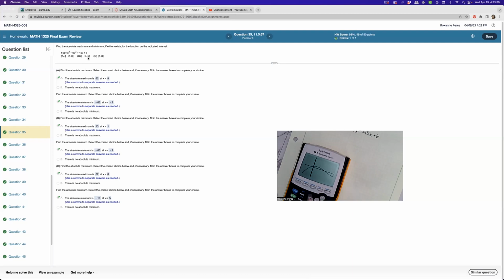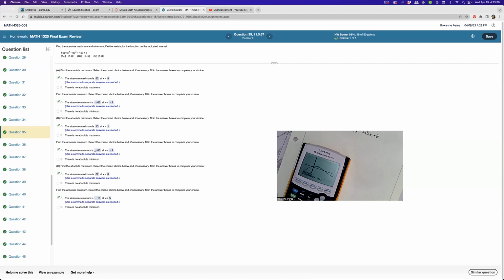Here, right? So we're going to do second trace 4, slightly to the left of the maximum, hit enter, slightly to the right of the maximum, hit enter a third time, and it tells you x equals 1, y equals 13. So the absolute maximum is 13 at x equals 1.